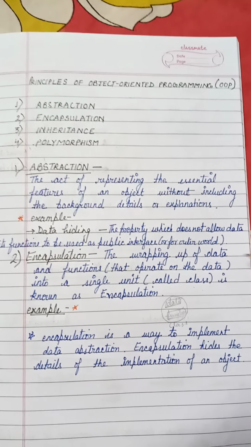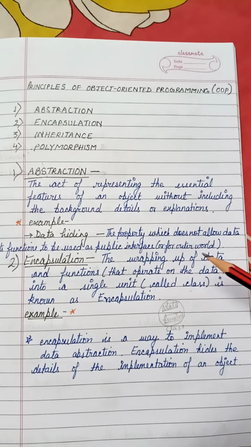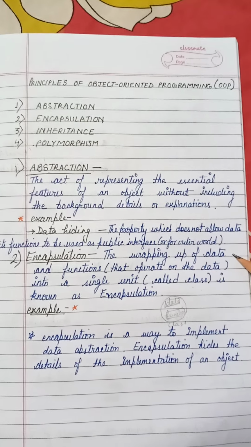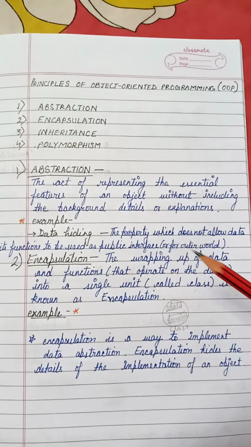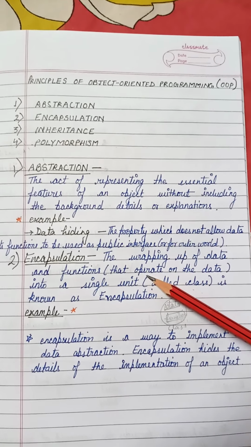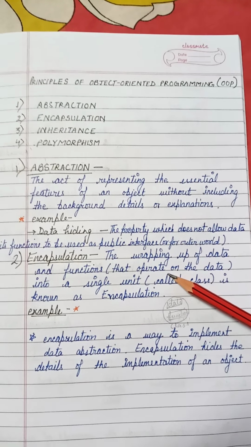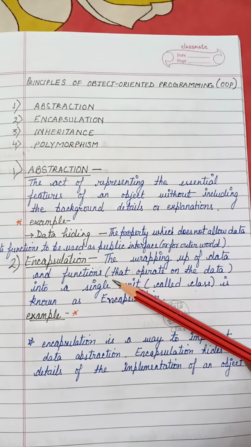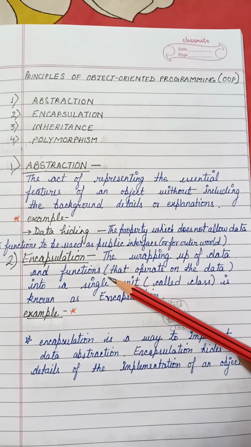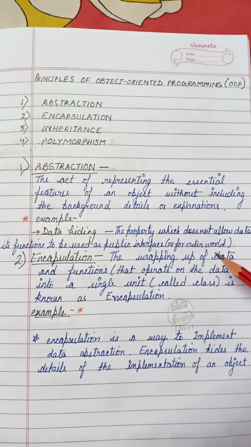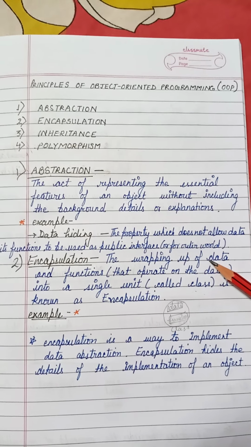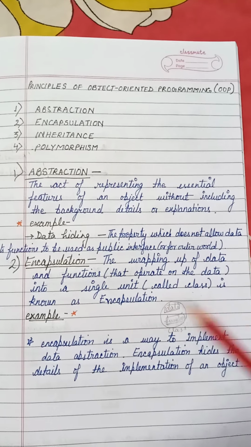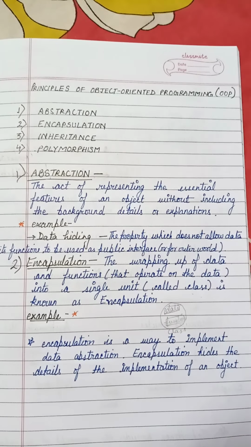Data are the characteristics, attributes, and functions are the behavior of the object, and functions operate on the data. The wrapping up of data and functions into a single unit is known as encapsulation.